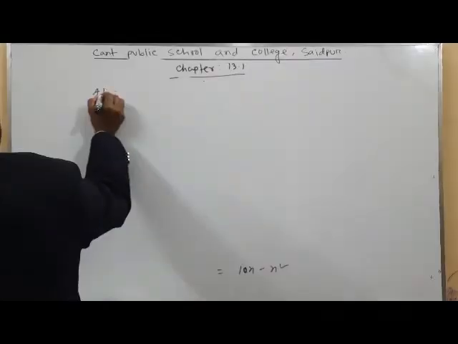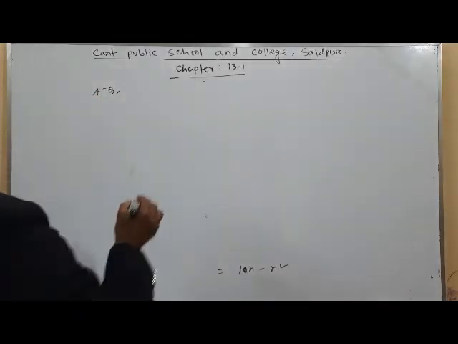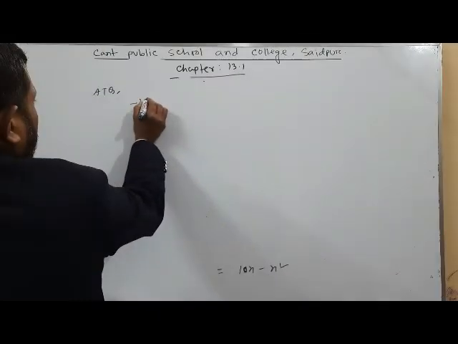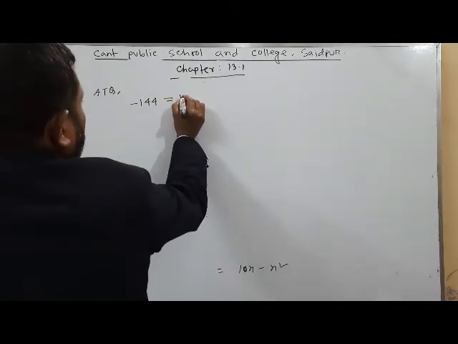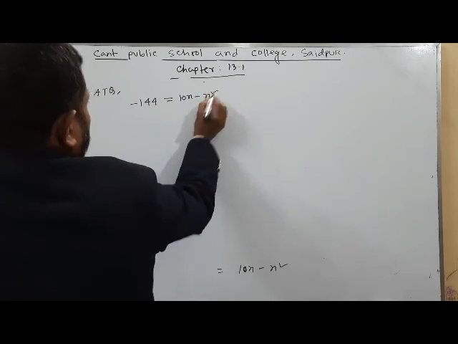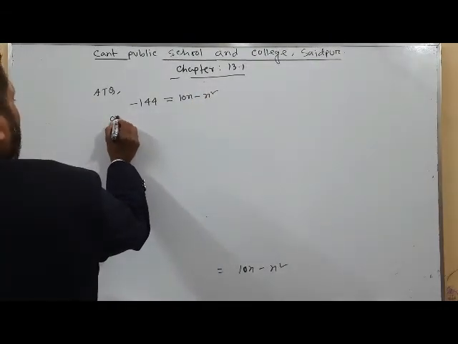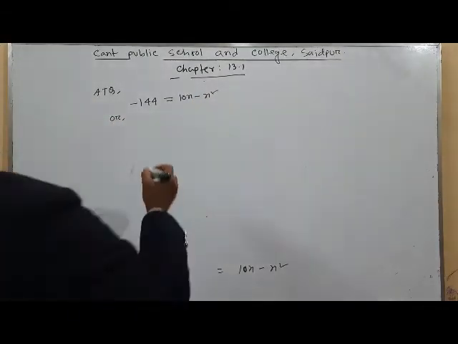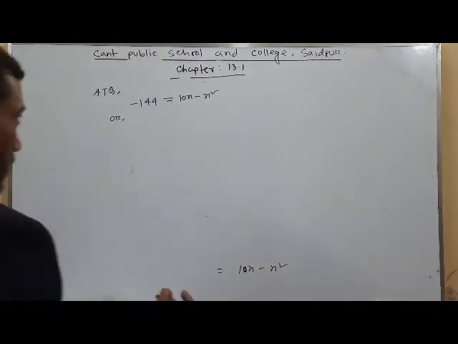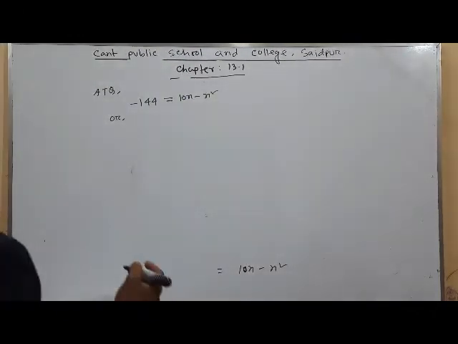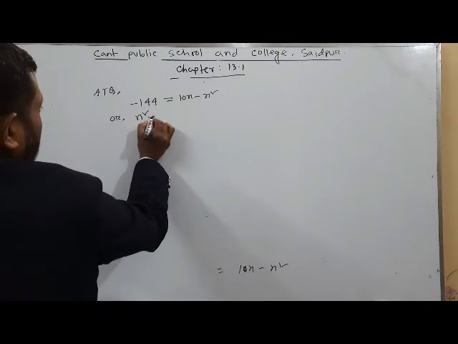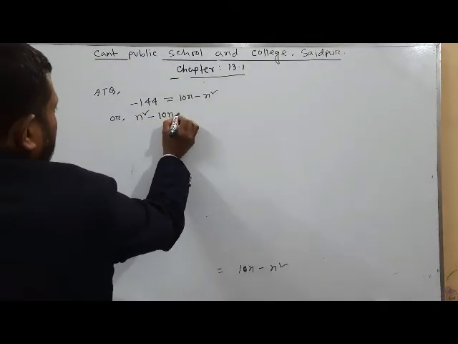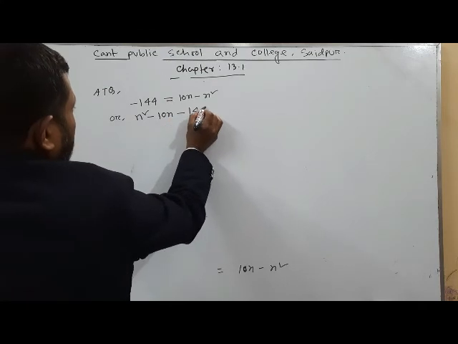According to the question, minus 144 is equal to 10n minus n square. Or if we write all terms on the left side, then we get n square minus 10n minus 144.